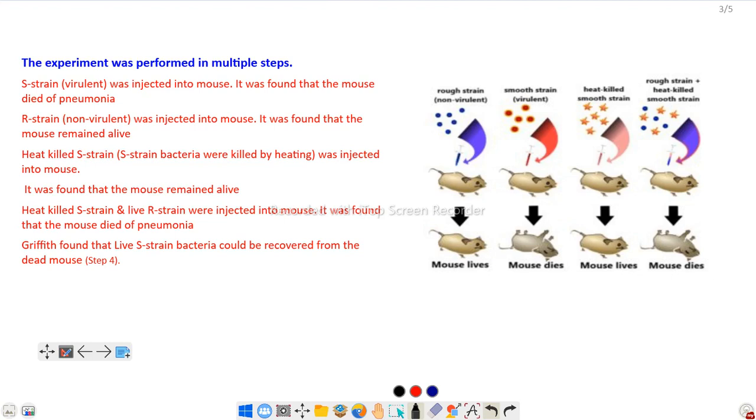Then he took a blood sample of that dead mouse, and in the blood sample he identified the pneumonia bacteria. So he concluded that the mouse died because of the pneumonia bacteria.